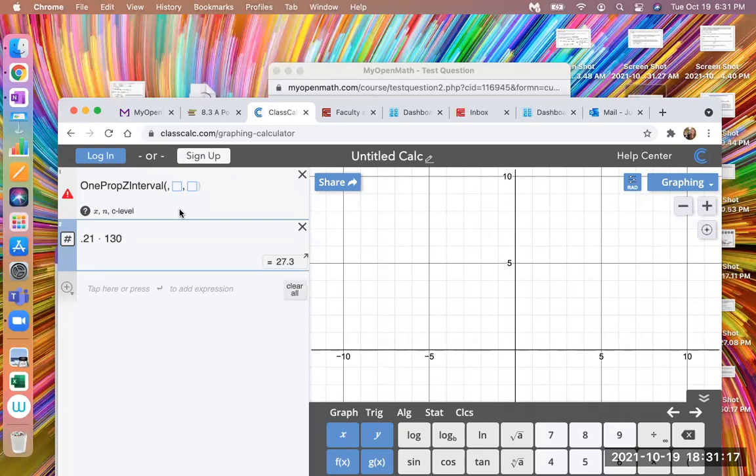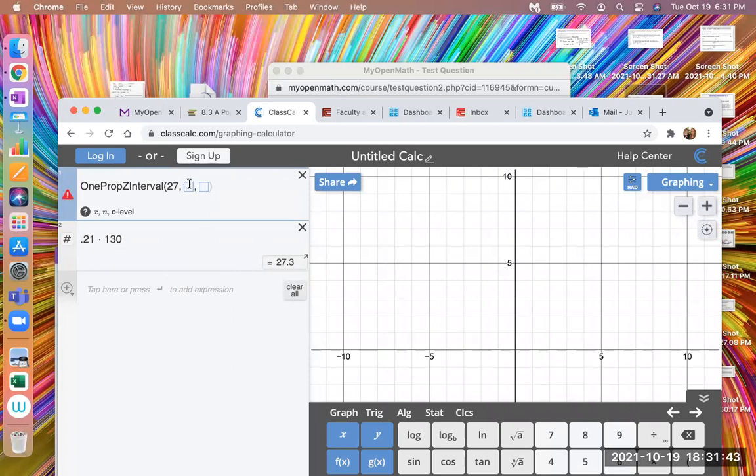We can't have a third of a person say they like dogs. It just doesn't make sense. So in order to get this program to calculate our answer correctly, we have to round this answer either up or down. Since it's 27.3, below 5, I have no choice. I have to round this answer to 27. So 27 is the first answer.